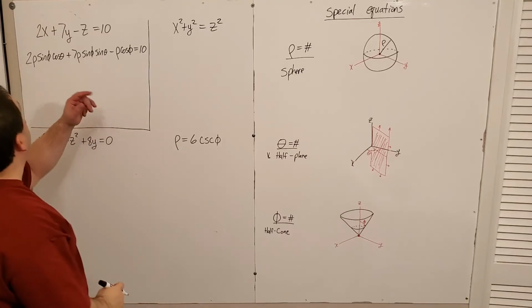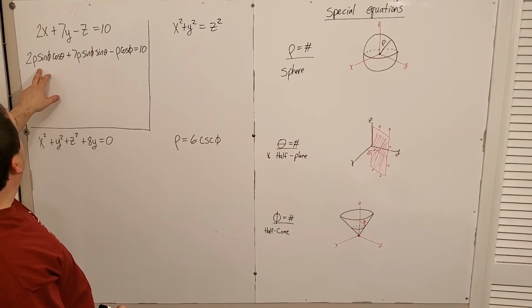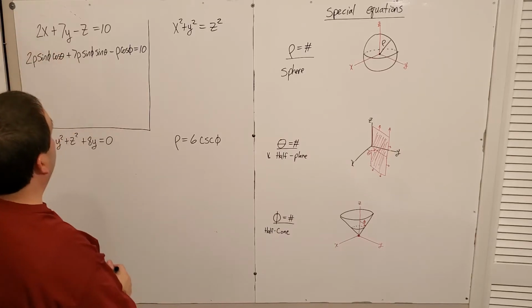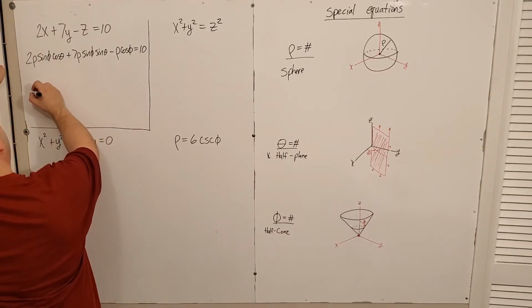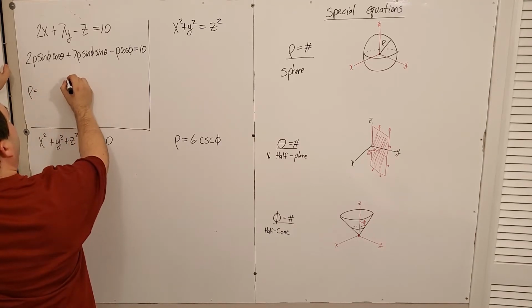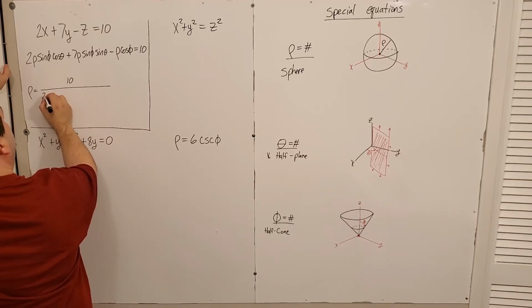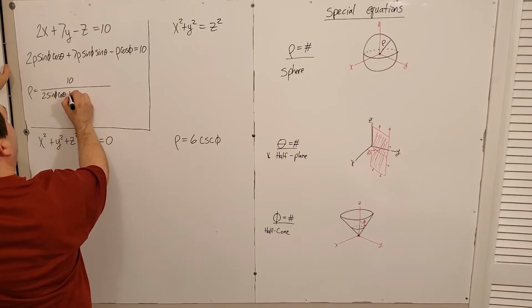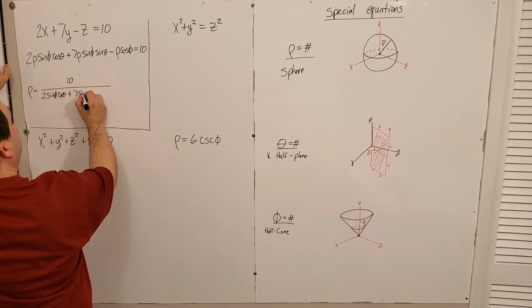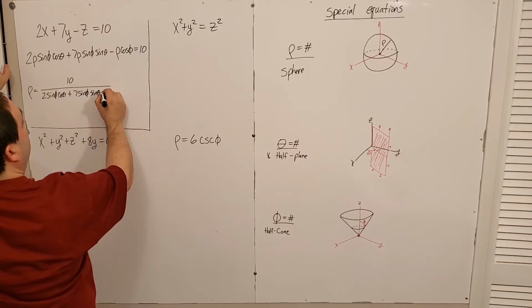And of course, one thing I can do is factor out the rho and then divide by the pieces, right? So I could get something where rho is isolated, and I would be left with 10 over 2 sine phi cosine theta plus 7 sine phi sine theta minus cosine phi.